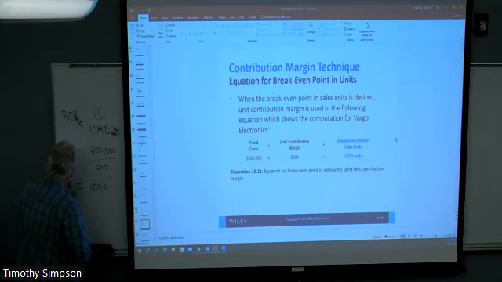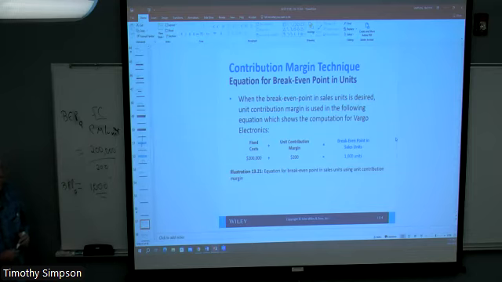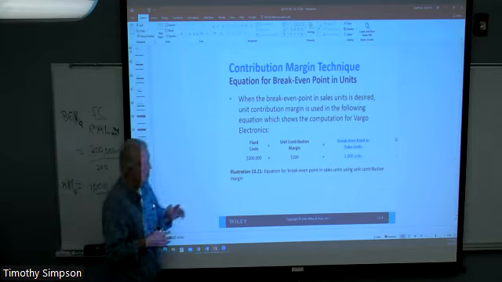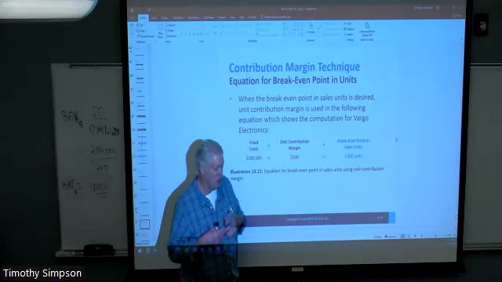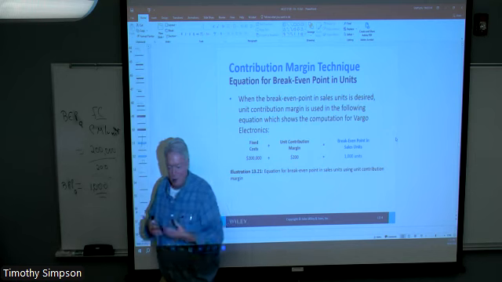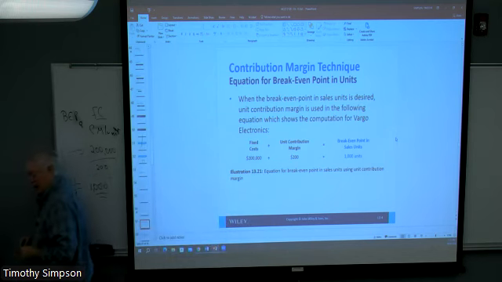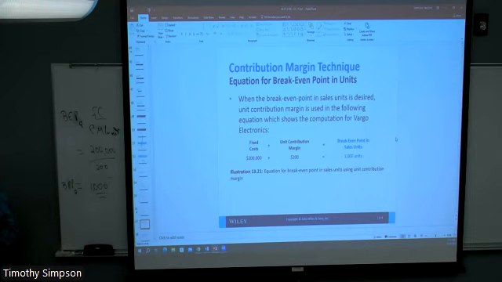Break-even point in terms of quantity, 1,000 units. And again, we're kind of going in and out of different denominations, dollars and units, but things can be expressed in unit terms or dollar terms, and the math to how we get there can be in terms of dollar figures or whatever.